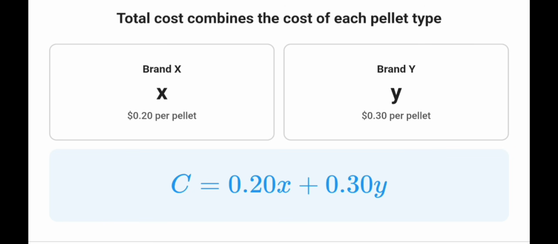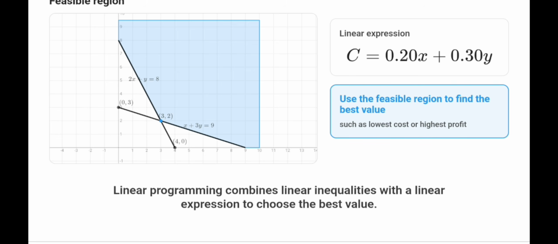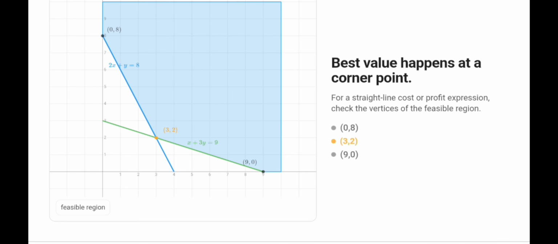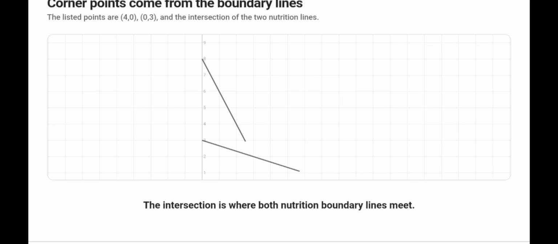If the first pellet costs 20 cents and the second pellet costs 30 cents, the total cost is 0.2x plus 0.3y. A key fact of linear programming is that when a best value exists for a straight line cost or profit expression, it occurs at a corner point of the feasible region.